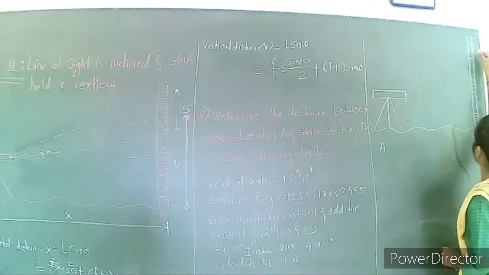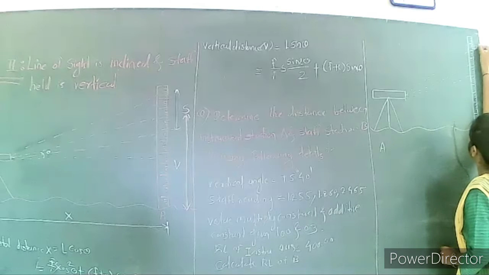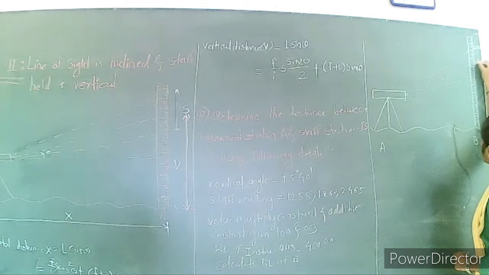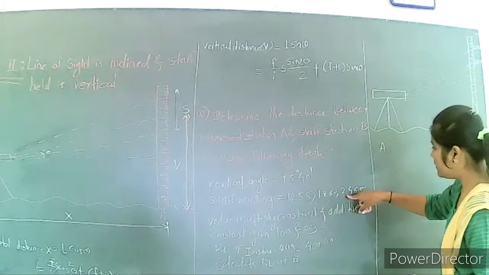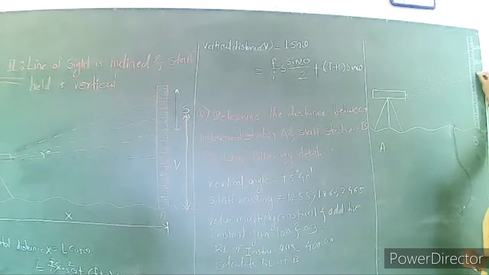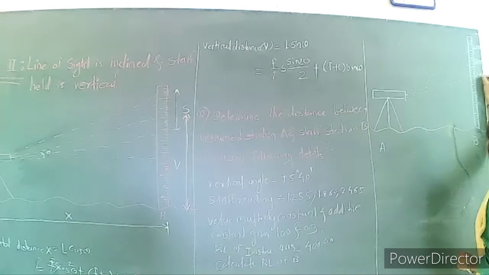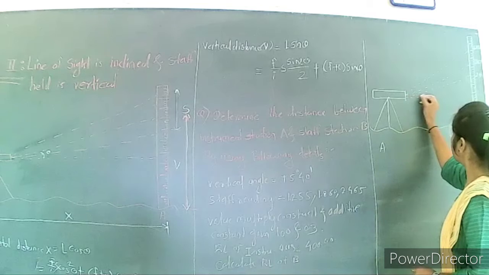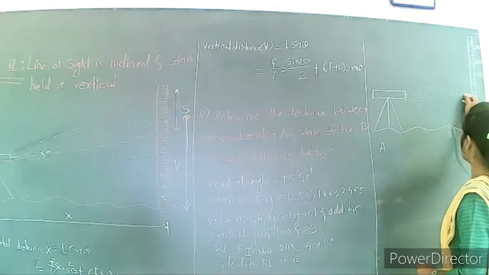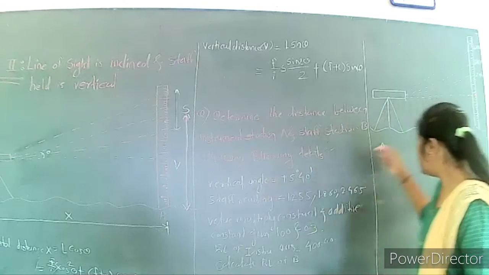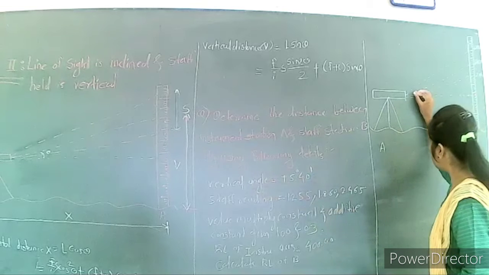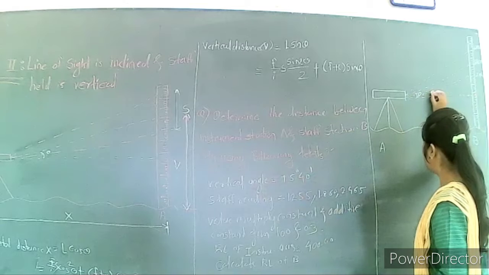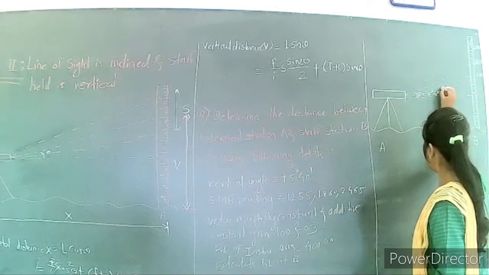The top hair reading is 1.255, then the axial hair reading is 1.860, and the bottom hair reading is 2.465. Then the theta is given, the angle of inclination of the line of sight. The theta given is 5 degrees 40 minutes.